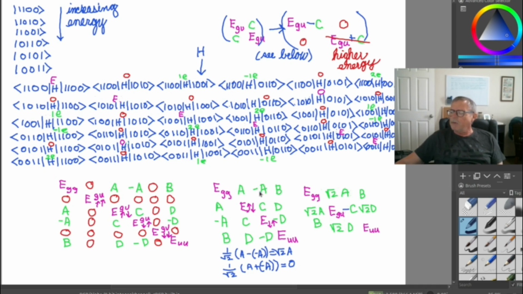Now, why is this minus A? I know that's a single electron excitation, but why is it a minus A? Well, let's go up here and check this out. The 1 is moved from the first spot and transferred over to the third spot. And we crossed a 1 there.